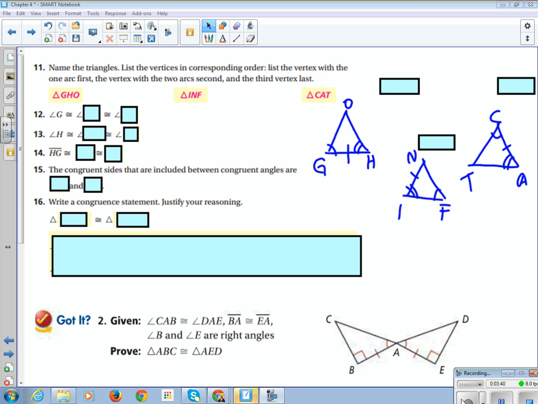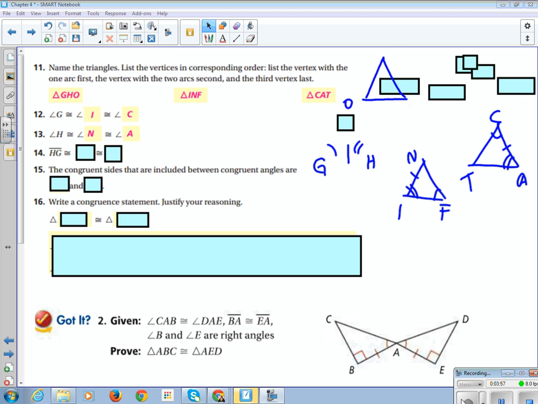All right, so angle G is congruent to angle I, which is also congruent to angle C. Angle H is congruent to angle N, which is congruent to angle A. HG is congruent to NI, which is congruent to AC.